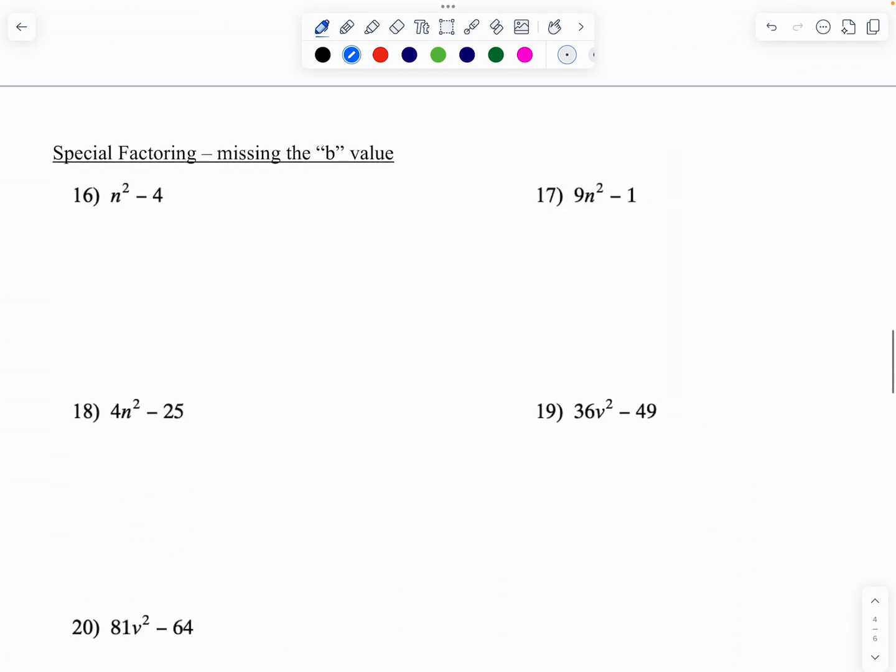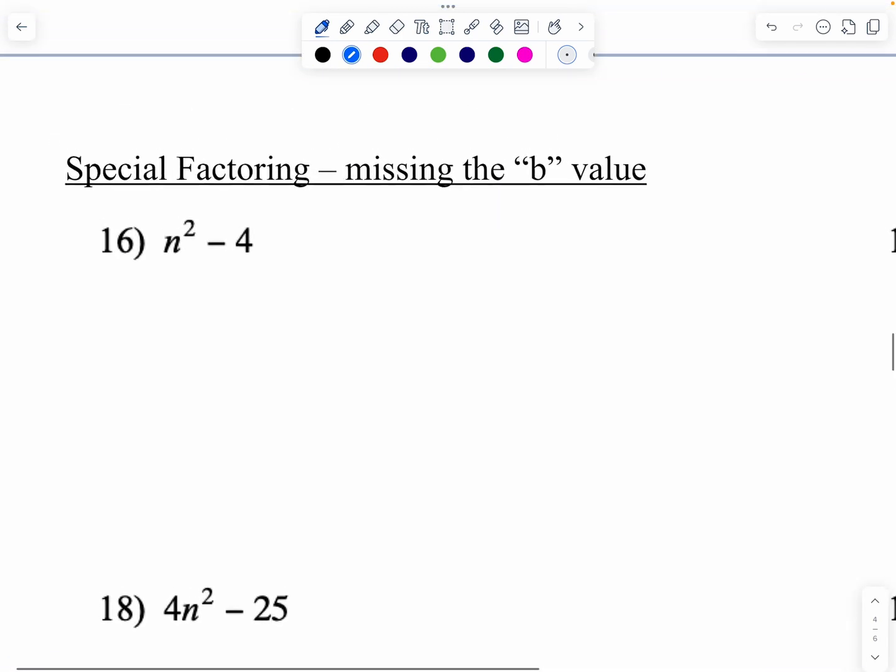All right, so on number 16, we have n squared minus 4. In order to factor this, we are going to take the square root of the first term, the square root of the second term, and open up two parentheses and put our answers in there. The square root of n squared just means what times what gives me n squared. The same thing times the same thing gives me n squared, so that's just going to be n and n.